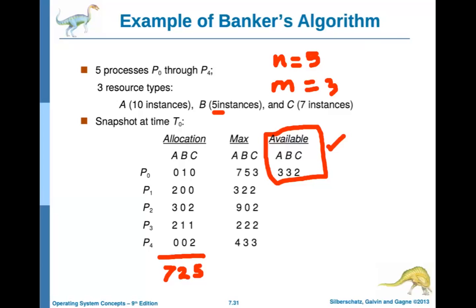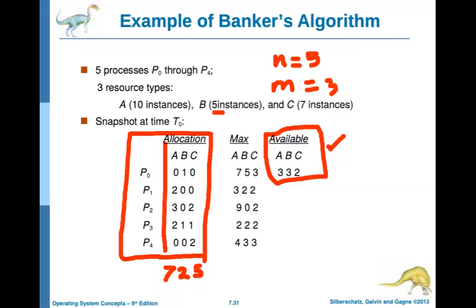Whereas Allocation denotes the current allocation of resources to the processes, where each row denotes one process.